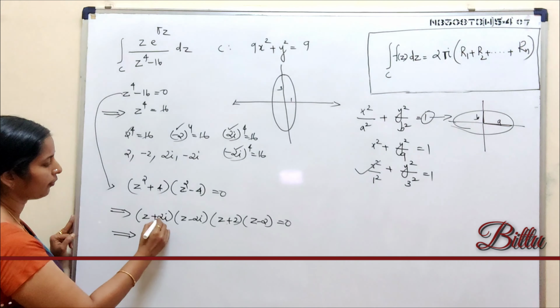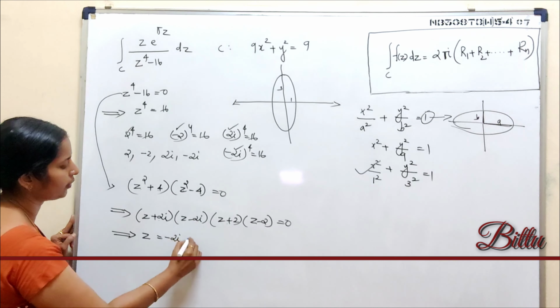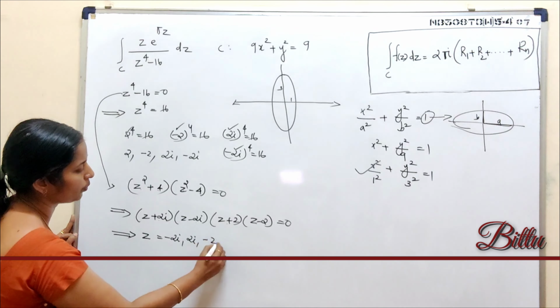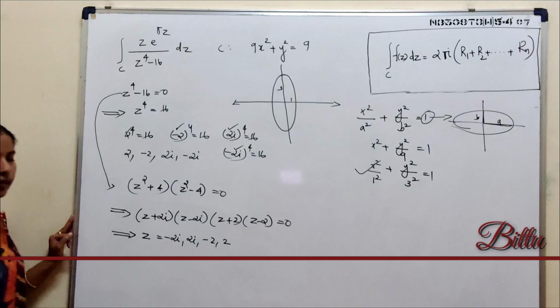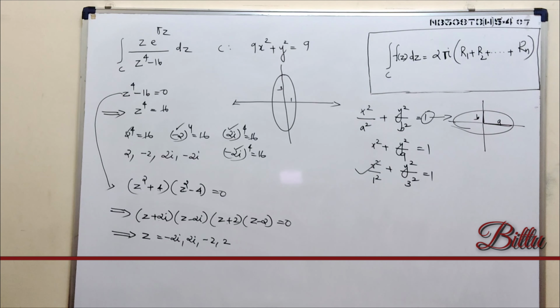Solving, z equal to minus 2i, 2i, minus 2, 2. These are the 4 values of z. Since it is 4th degree, it has 4 solutions, whether repeated or not.